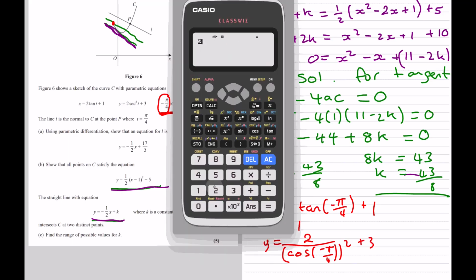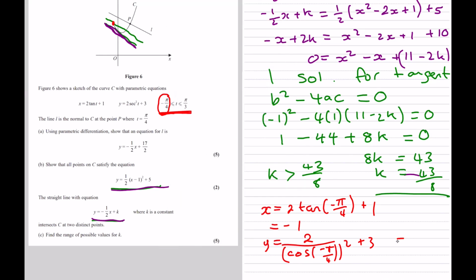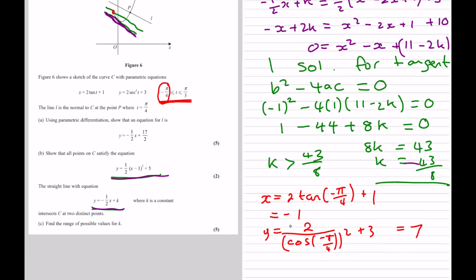So 2 over cos negative pi over 4, squared, plus 3 is 7. So we've got negative 1, 7 as our coordinate of that point.